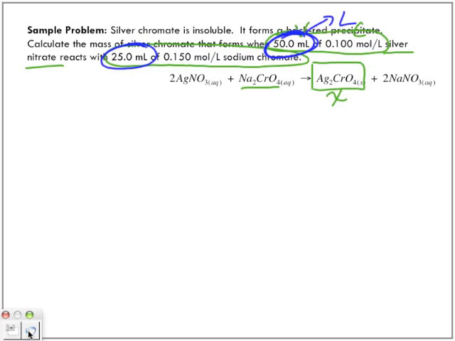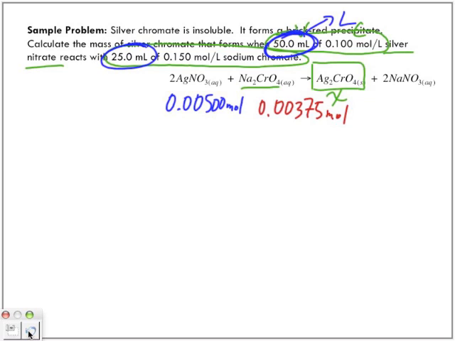For the silver nitrate, we got 0.00500 moles. The sodium chromate, we got 0.00375 moles.